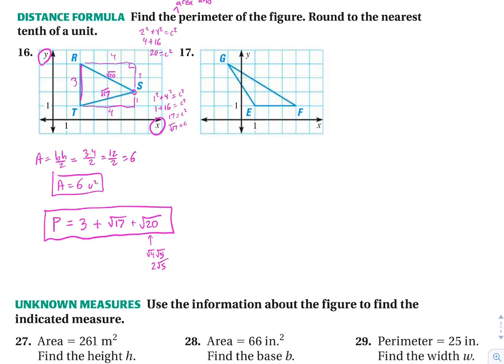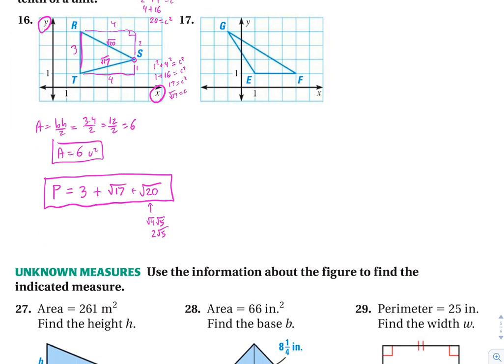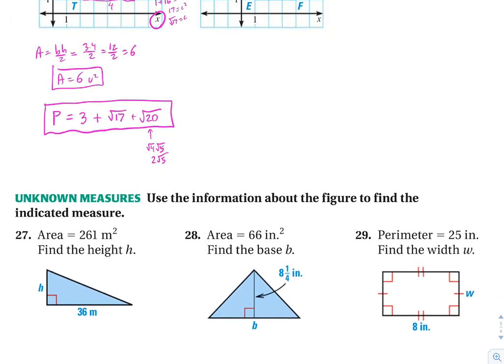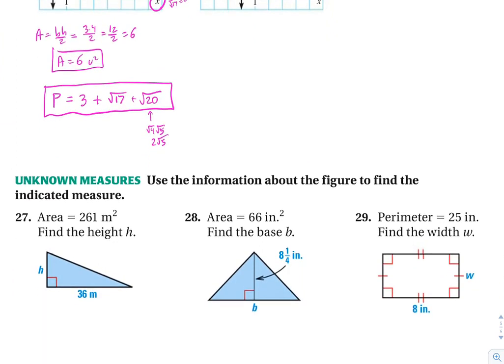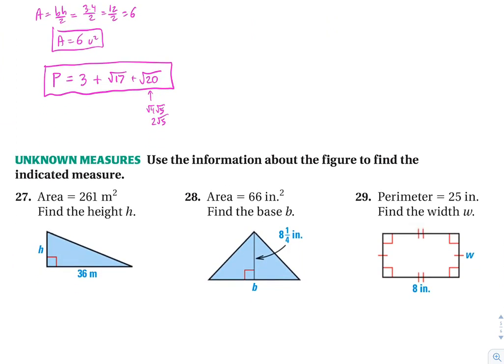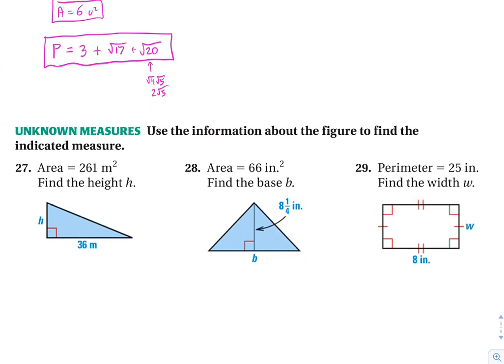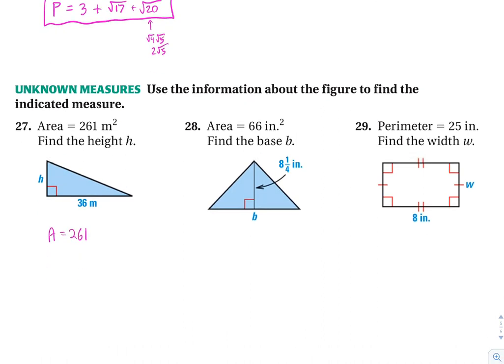Okay. Now, anytime we tell you to do something forward, we could always do it backwards too. So I might not say, here's the information, find the area. I might say, here's the area and some information, go backwards. Like, for example, here it says the area is 261. And I know the area is equal to base times height divided by 2.